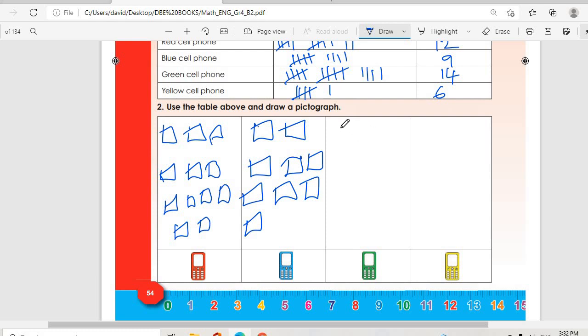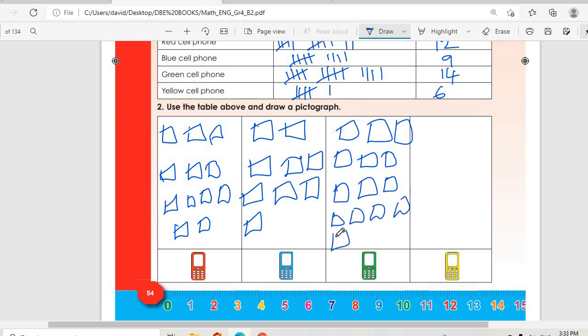The green ones are 14, 1, 2, 3, up to 14. Then we go to the last one, which is the yellow ones. The yellow ones are 6, so it's 1, 2, 3, 4, 5, 6.